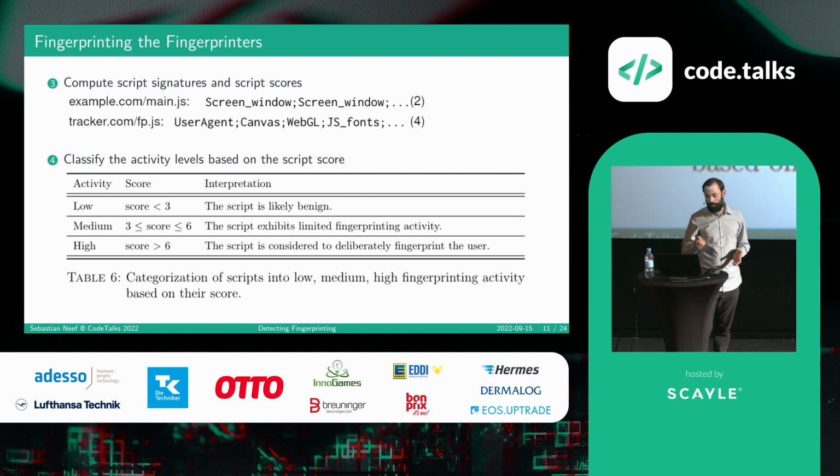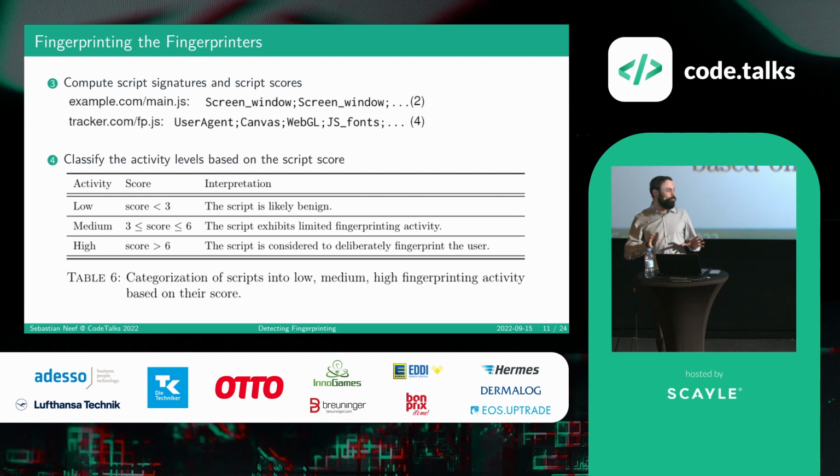Oh, actually, there's a mistake. This is only 1, not 2, because we take the unique amount of feature groups. This should be 1, not 2. I'm sorry for that. And for the more interesting script, tracker.com FPGS, we have 1, 2, 3, 4 different feature groups being accessed. So this script score is 4.